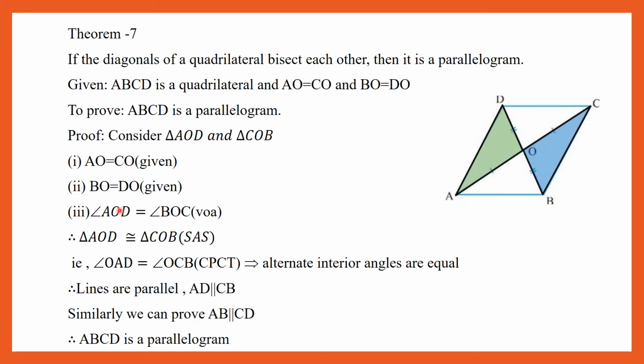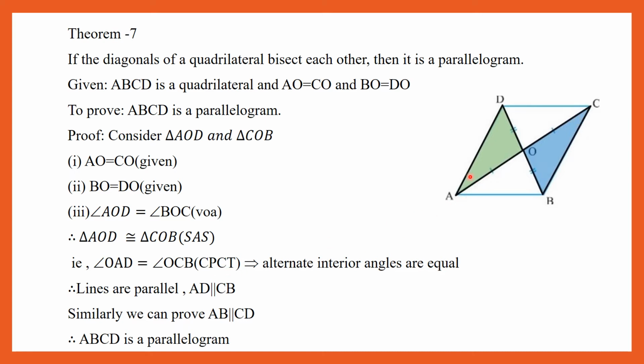The above three conditions show that triangle AOD is congruent to triangle COB using SAS congruency. Therefore, angle OAD will be equal to angle OCB using CPCT.